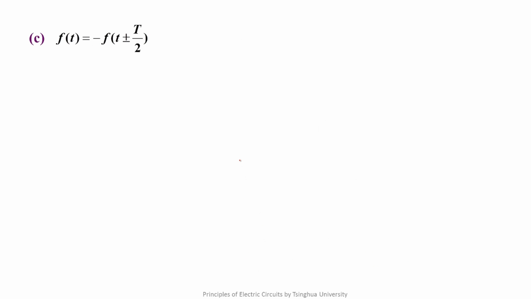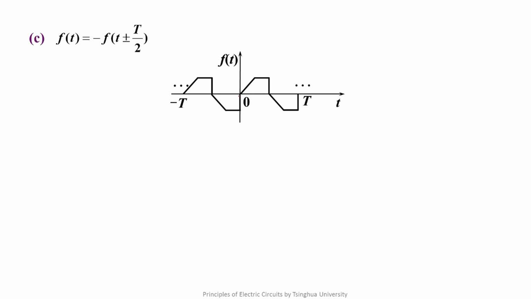A more interesting condition is when the signal is half-wave odd symmetrical. What is half-wave odd symmetry? Let's look at this function. For this function, a period is from here to here. If we move the whole period of the signal half a period to the right or left, it will be like this.